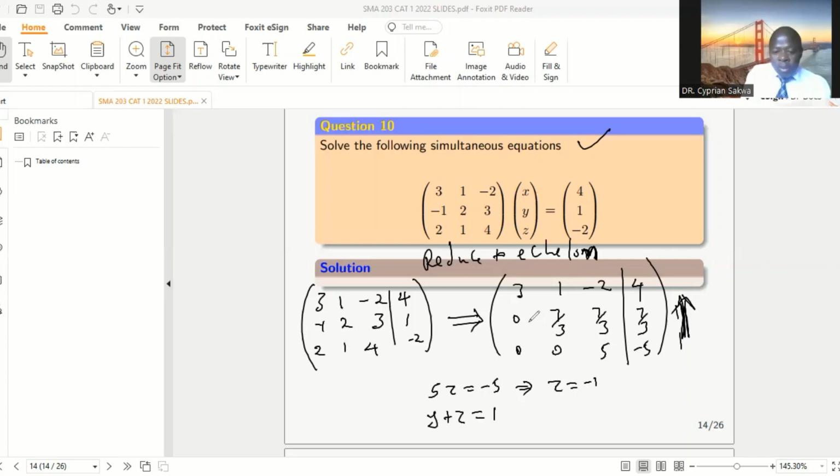When I multiply through by 3 over 7, I would have y plus z equals 1. But z, we know it is negative 1. So negative 1 crossing this side, it means y is 2. And then proceed and find x. We'll find x to be 0. And write the solution. The solution is 0, 2, negative 1.